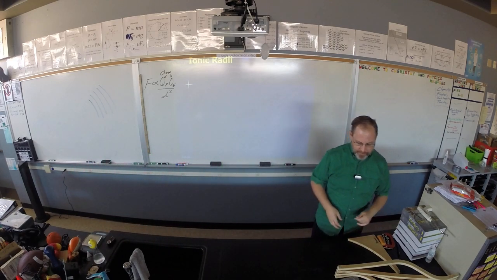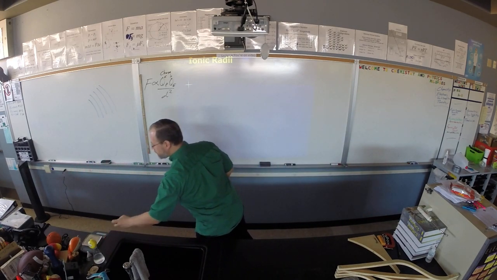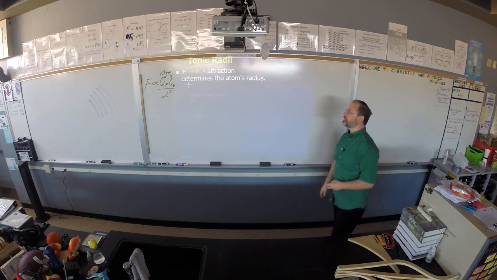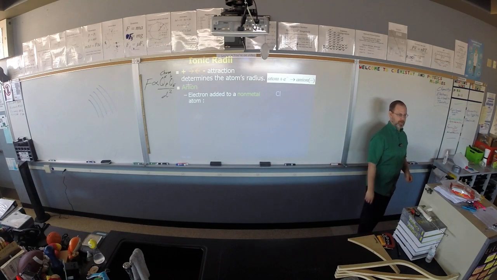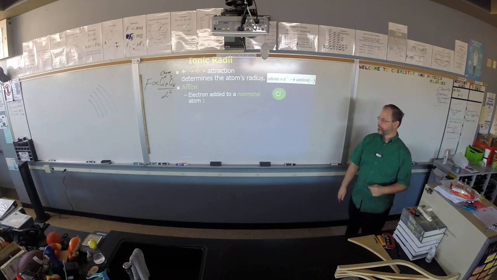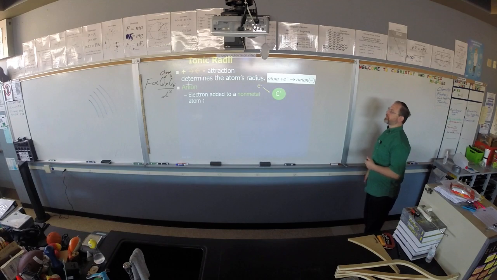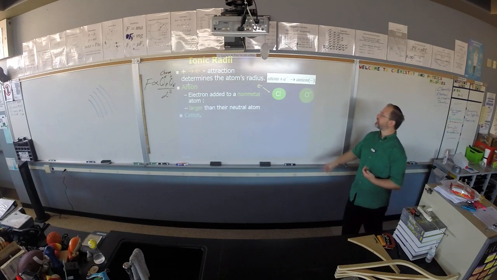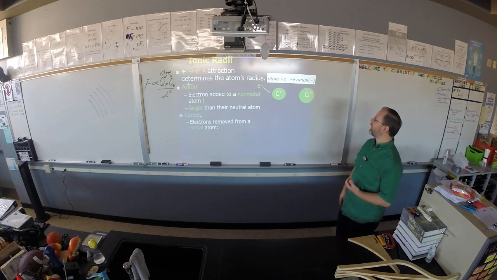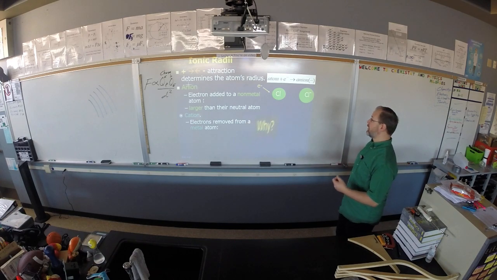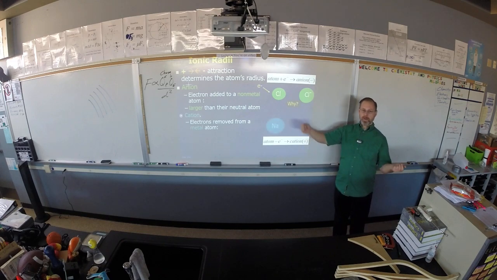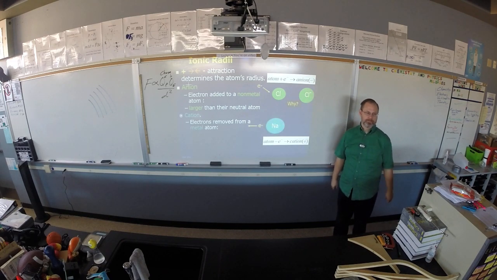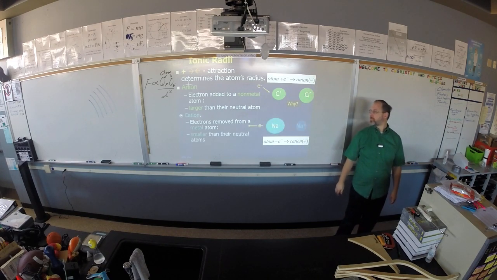So if that makes sense to you, it should be obvious that anions, which are the name for negative ions, are always larger than their neutral atom. If an electron is added to chlorine, the chlorine becomes an anion, and an anion is always larger than a neutral atom. Because that electron made the whole cloud get bigger.